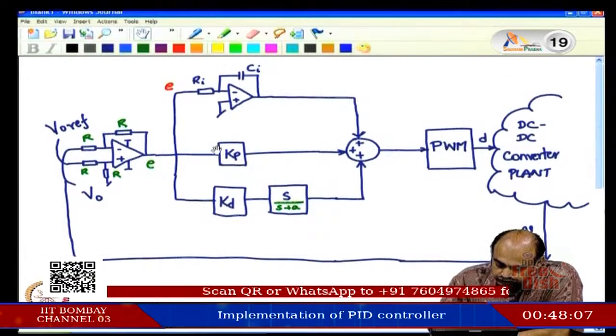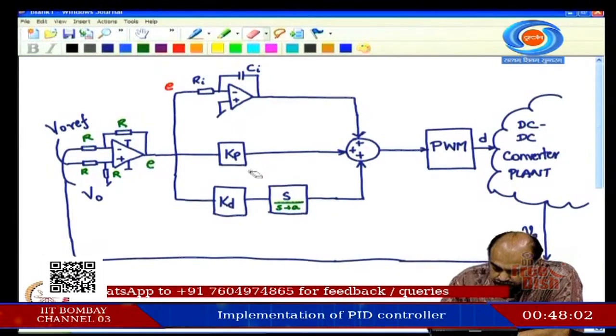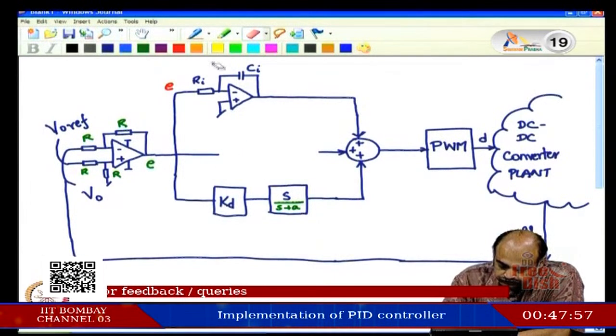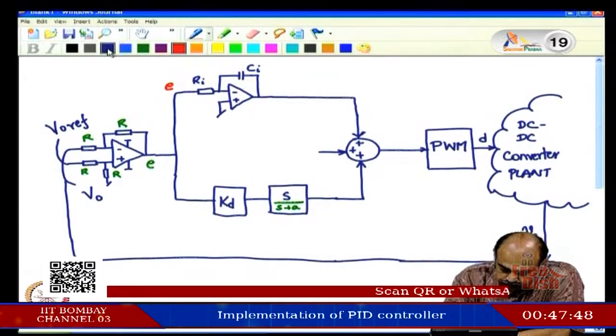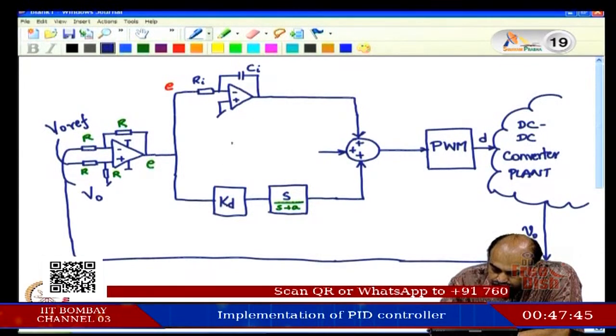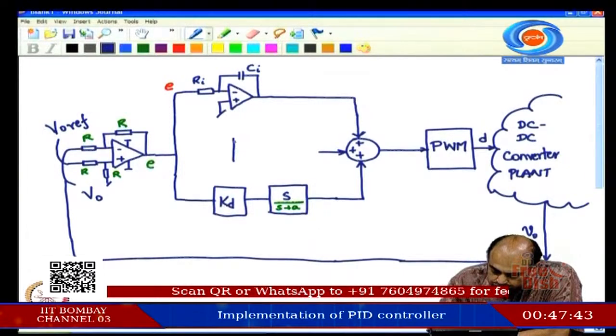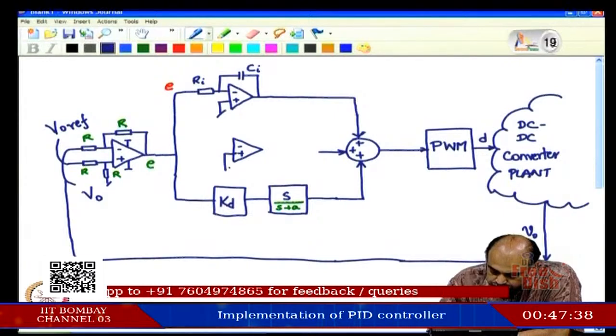Now, this portion, the proportional or the gain portion, can be addressed by putting one single op amp here, minus, plus, and gain.